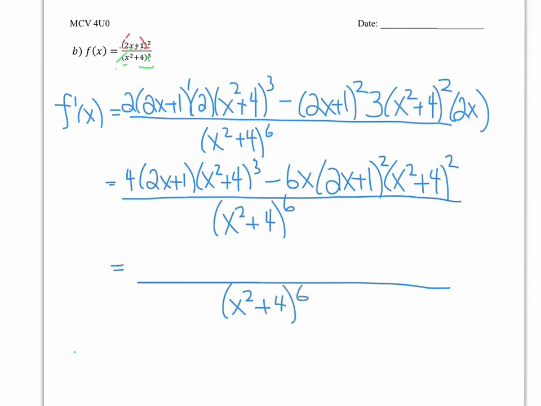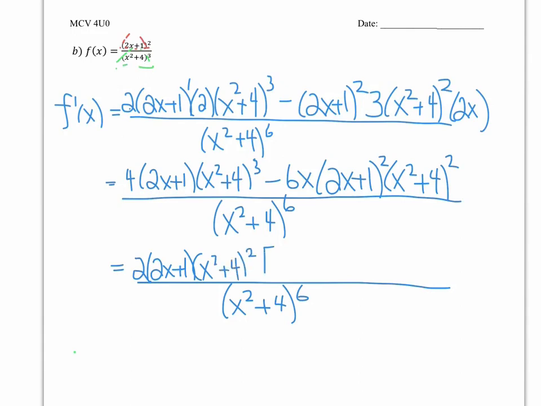Looking at the two separate pieces, we're going to pull out what's common. So you can see we can pull out a 2, first of all. We have a 2x plus 1 in both of them. And then we have an x squared plus 4 squared common to both pieces.